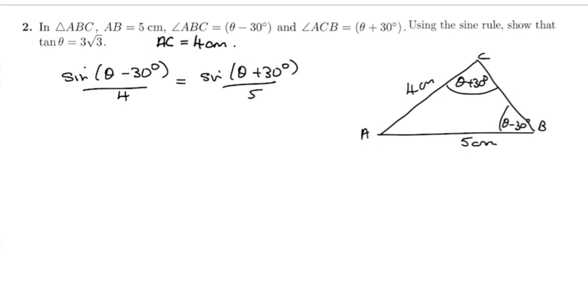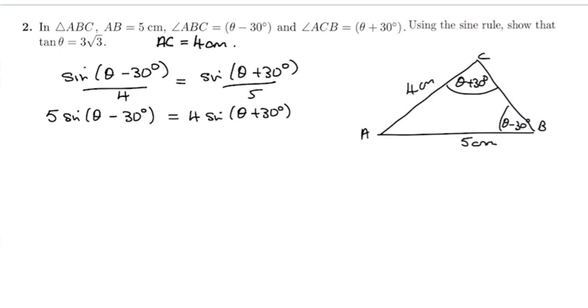We're going to first of all cross multiply. We get 5 sine of theta minus 30 degrees equals 4 sine of theta plus 30 degrees.